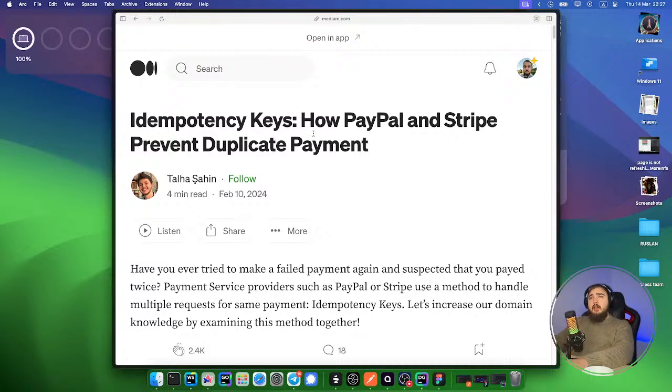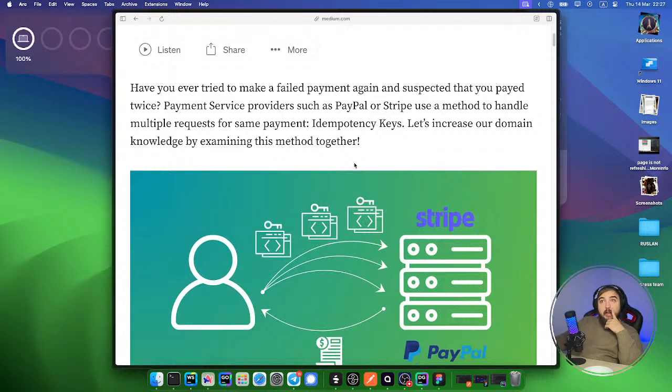Idempotency keys: how PayPal and Stripe prevent duplicate payments. "Have you ever tried to make a failed payment again and suspected that you paid twice?"